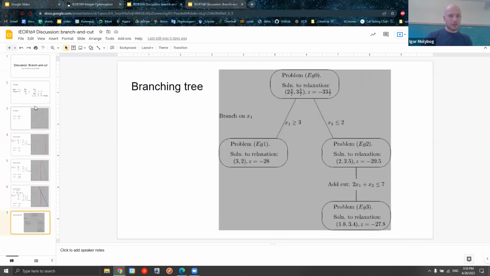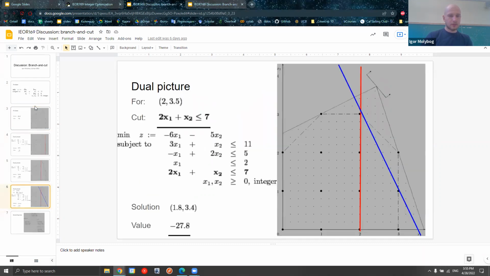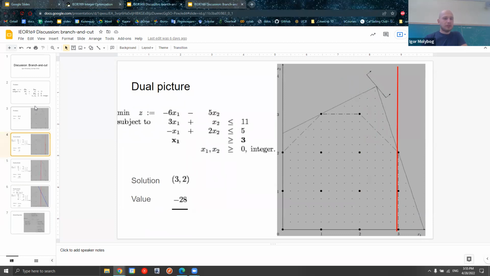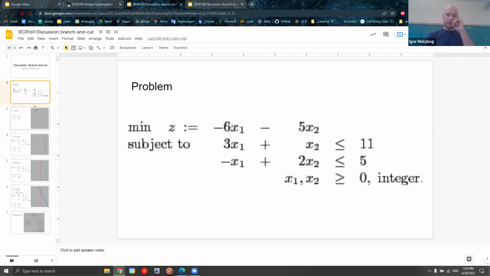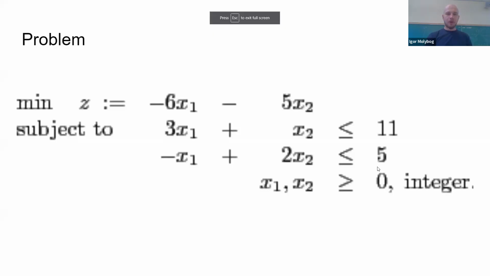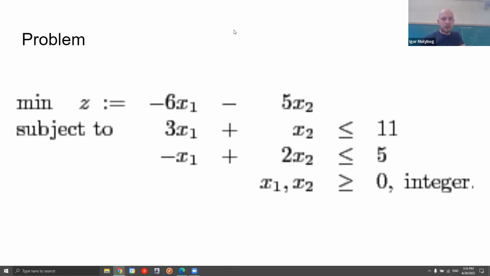So here is the basic branch and cut idea described. You have a problem of two variables, two general inequalities and two non-negativity inequalities.